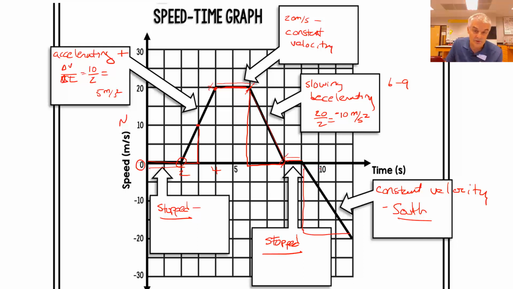And then for some reason, who knows why, he turns around and he goes back the other direction. He decides that maybe there's an accident and he needs to turn around, and he starts to accelerate in the opposite direction. I guess we don't have time here for him to turn his car around, so he backs up at a faster and faster rate. Not really reasonable, but that kind of gives you a story of what this particular graph could describe.